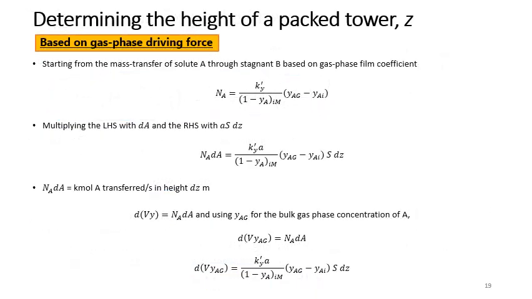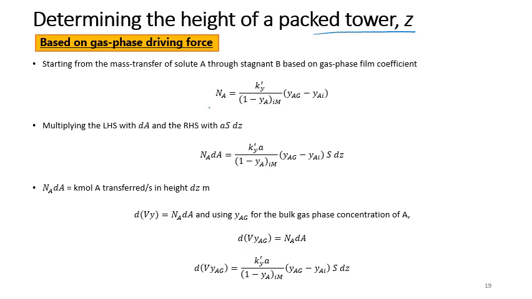Okay, so let's derive the equation to determine the height of a packed tower Z. The height here is Z because dz is the differential height. Let's do the derivation based on the gas phase driving force.